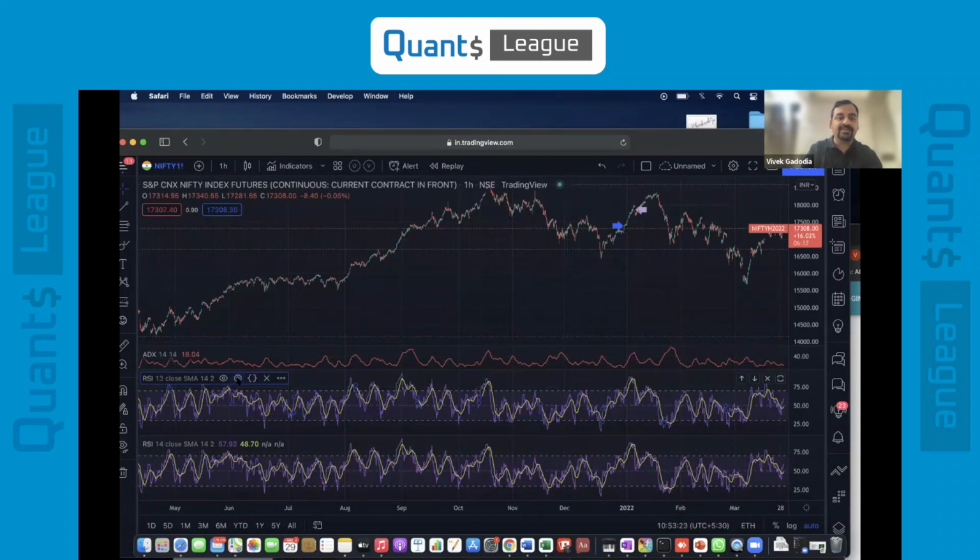Okay, you just make this RSI 5, and when that is above 70 and at the same time the RSI 13 is above 50, you take a long trade. And for exit, you don't have to look at RSI 13, just look at RSI 5, and when that goes below 55, you get out of the long.